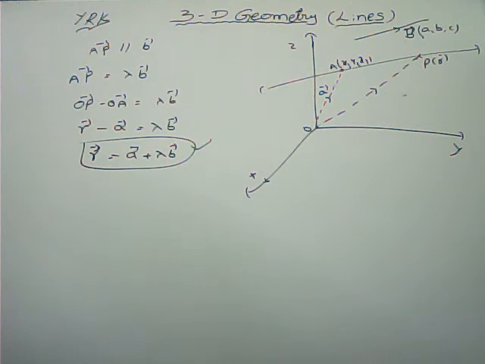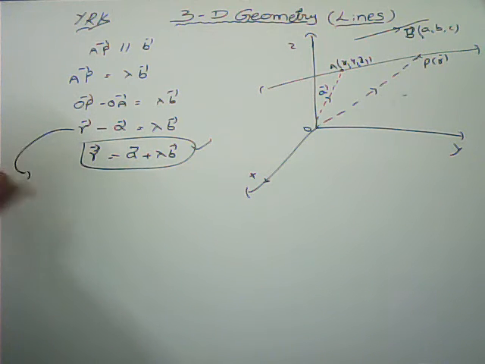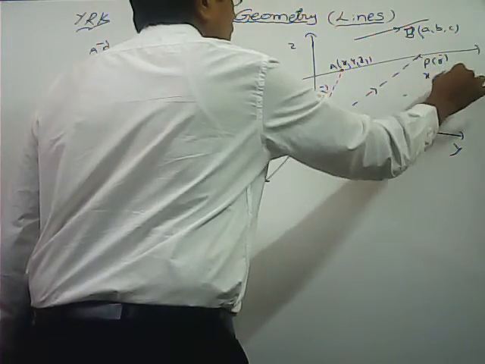Now substitute in that. Otherwise this one only I am writing R bar. R bar means here I am taking x, y, z.